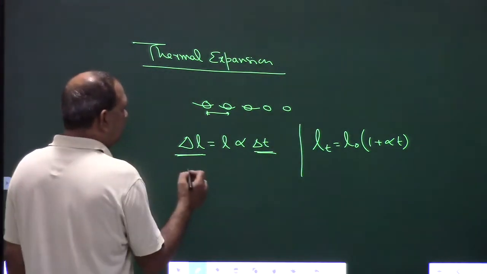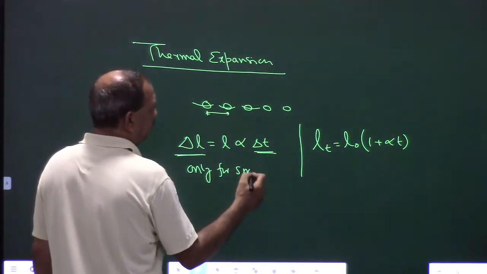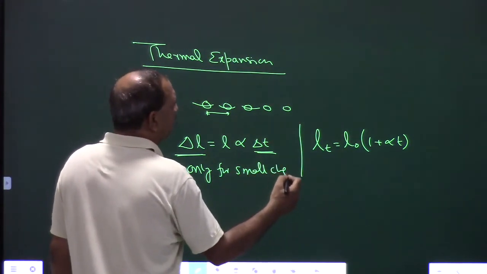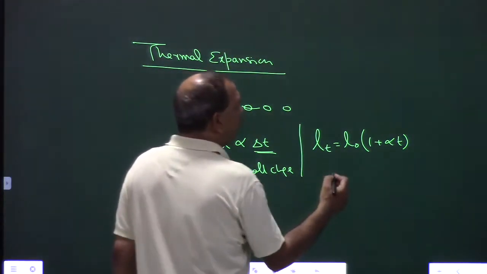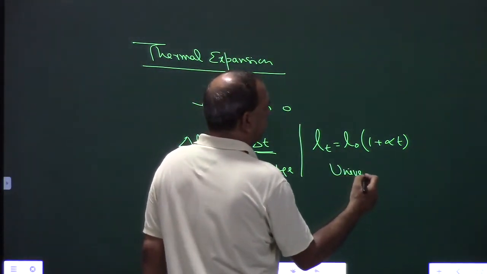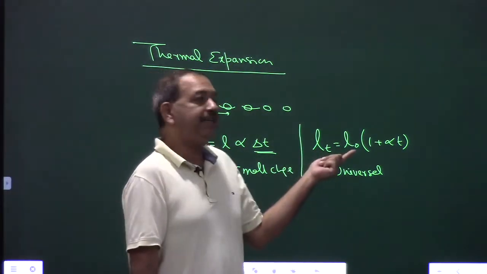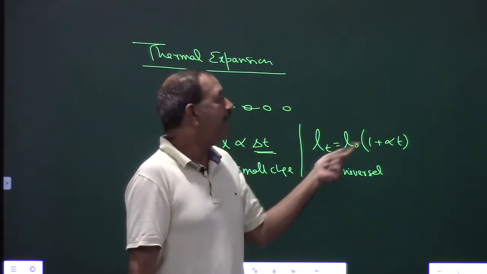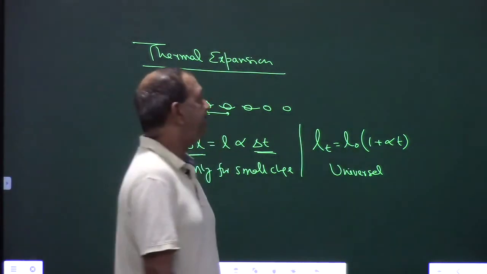This is only for small change. A small change, how much? 2-3-4%, right? And this is the universal relation. Here we are measuring length at temperature T, while L naught is length at 0 degrees C.